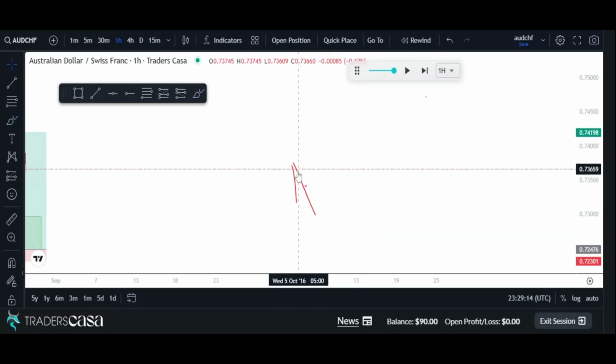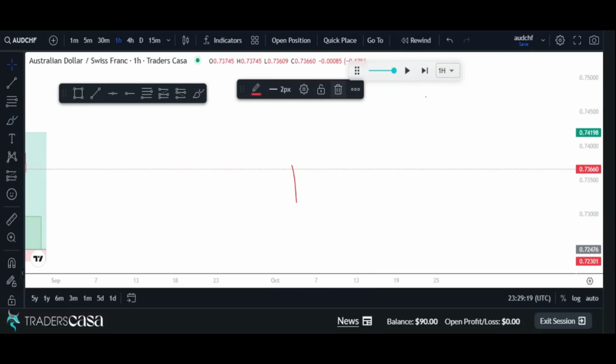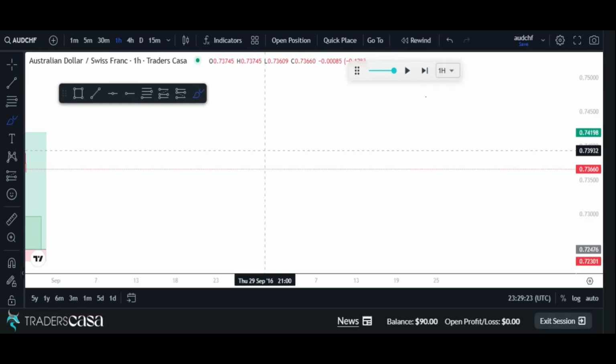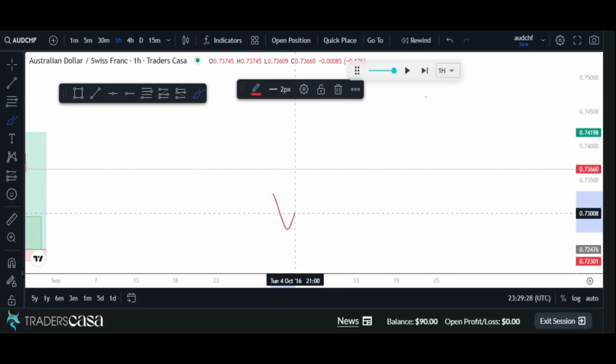Let me paraphrase this very well. We have a breaker block that comes with a sweep of a low.